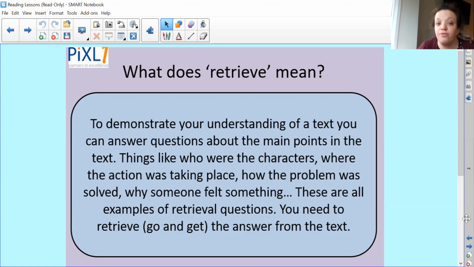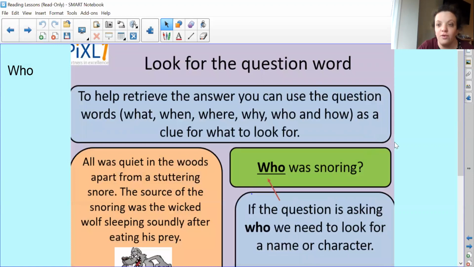Okay, these are all examples of retrieval questions. You need to go and retrieve, you go into the text and you get the answer and you bring it out. Just like we spoke about earlier with Stevie, you're going in, you're picking up the answer, you're taking it out.